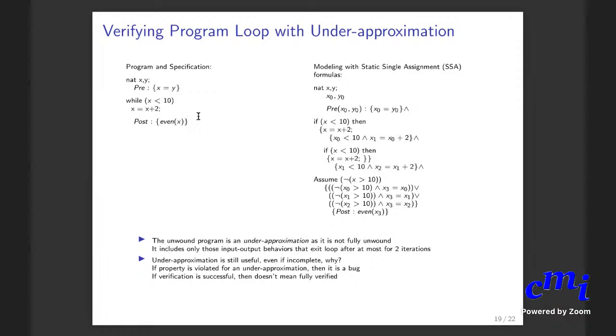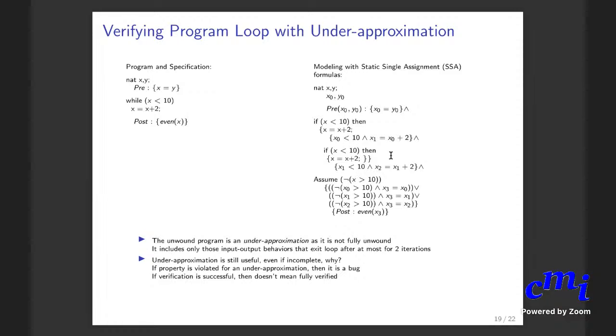And like Harsh pointed out, if you took the conjunction of all the formulas in curly brackets, which defines the under approximation, and then you try to prove the pre and post and derive the verification conditions, then any satisfying instance of the verification condition would be a violation of the program.